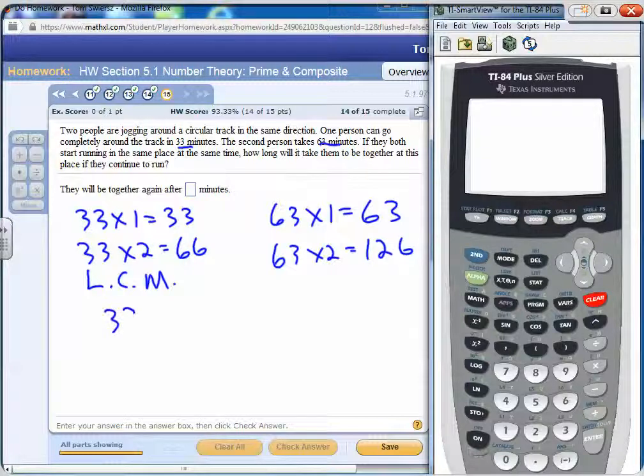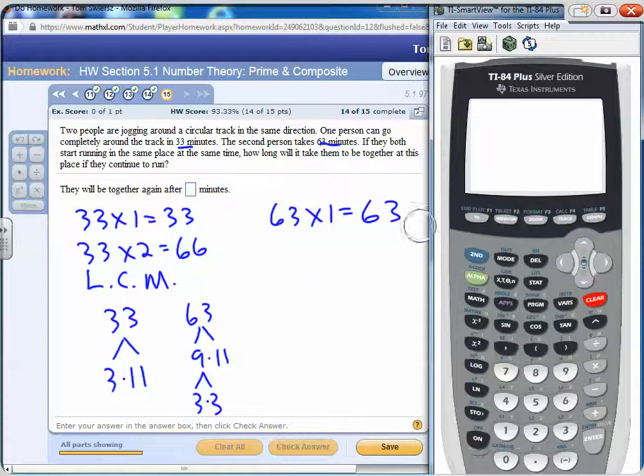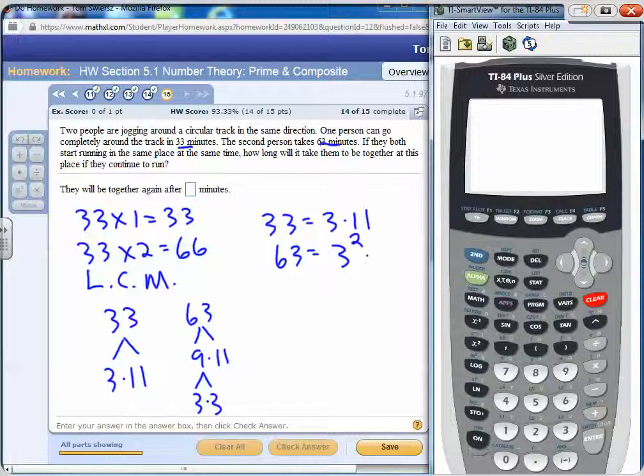You have 33 minutes, which is 3 times 11. That's the prime factorization, right? And 63 is 7 times 9, and 9 is 3 times 3.